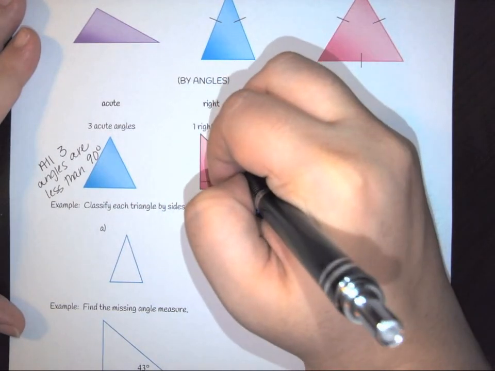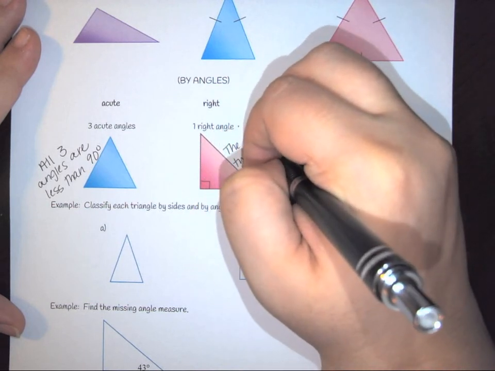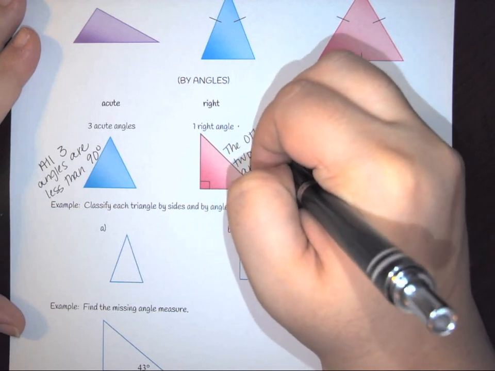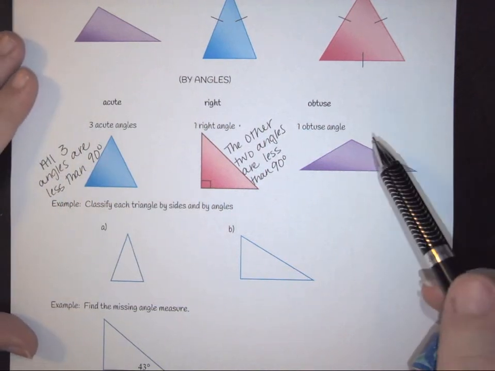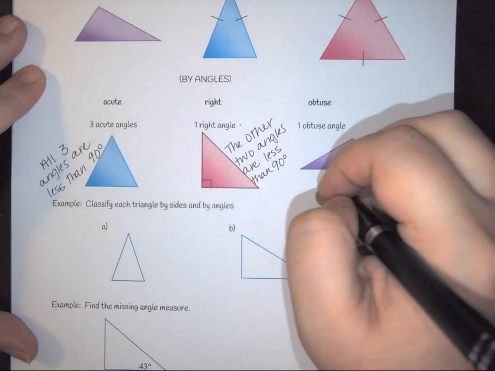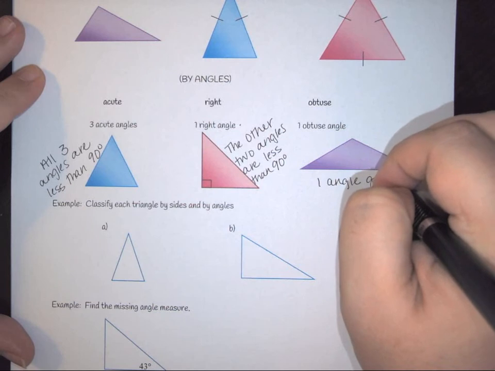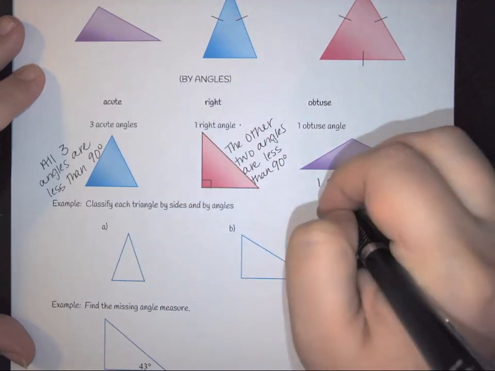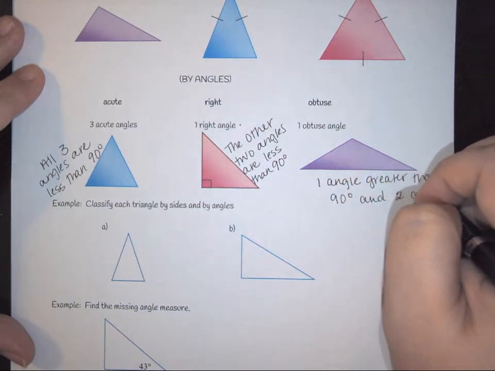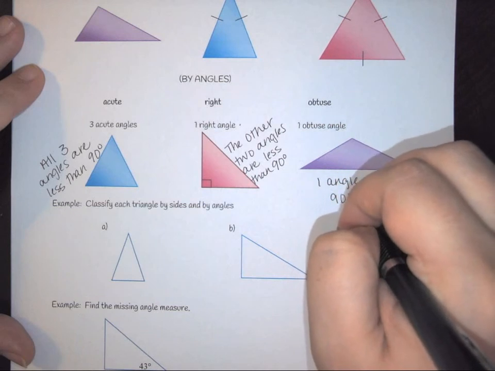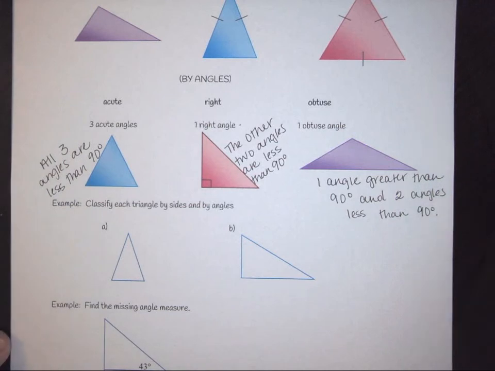It also says that the other two angles are less than 90 degrees. An obtuse triangle says that you have one angle greater than 90 degrees and two angles less than 90 degrees. Okay, that's what forms an obtuse.